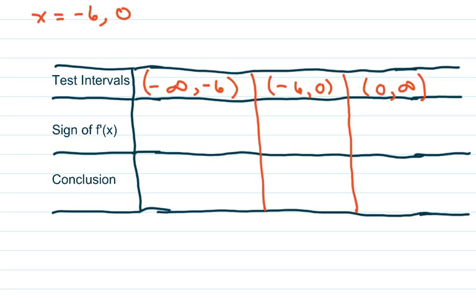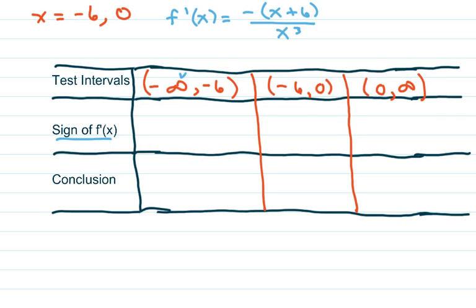And we look at our derivative, and our derivative again was negative x plus 6 over x cubed. So we're going to look at the sign of our derivative. I'm going to plug in, say, negative 7 for this one.